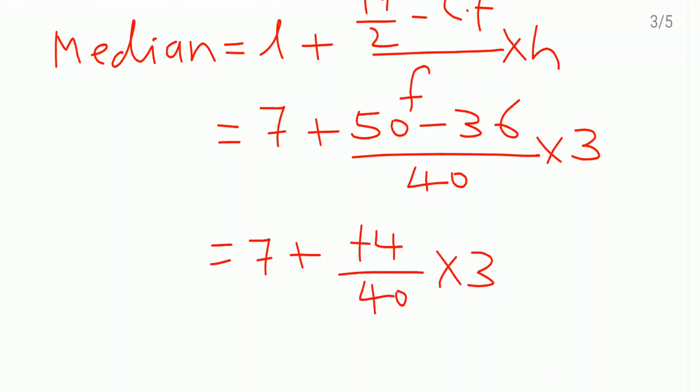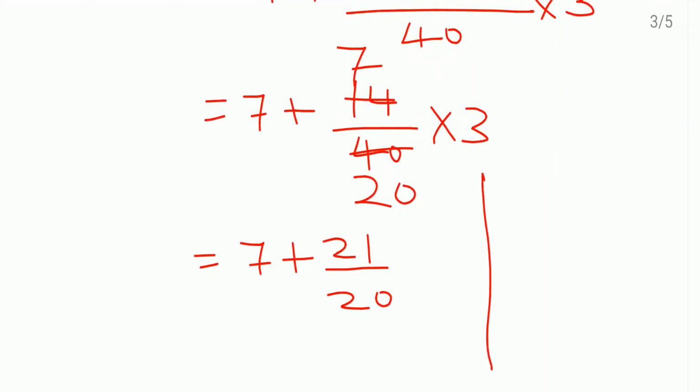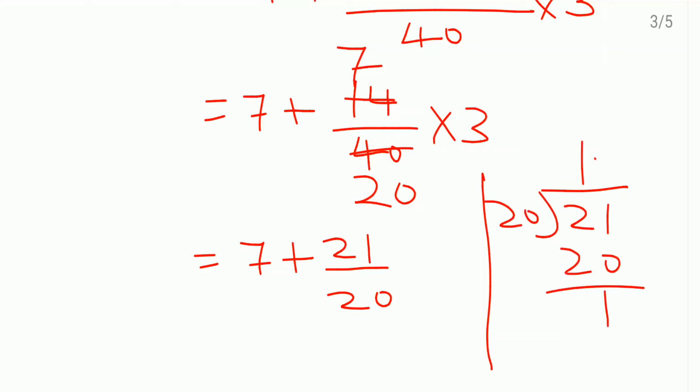Right? So 2 7s are 14, 2 2s are 4, and this 0 is here. So here 7 plus 21 by 20. Let us do the division here. 21 by 20. 1 twenty is 20. 1 is remaining. Decimal place. We got 0. Then this number is still less than 20. So what we'll do here? We will put 0.